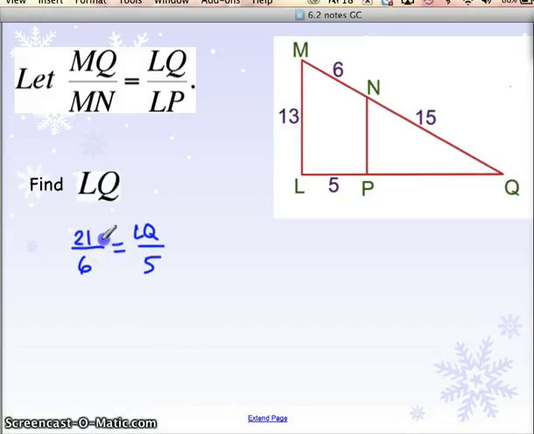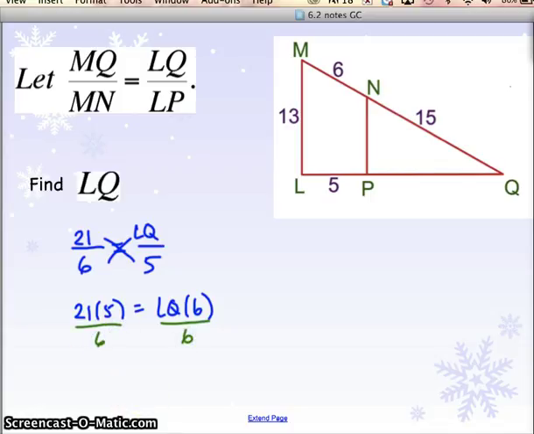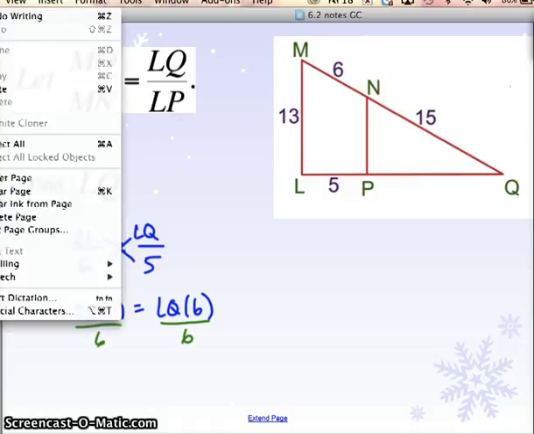Now we're going to cross multiply. 21 times 5 will equal LQ times 6. And we're trying to get LQ alone. So we're going to need to divide both sides by 6. Actually, I'm going to back up.